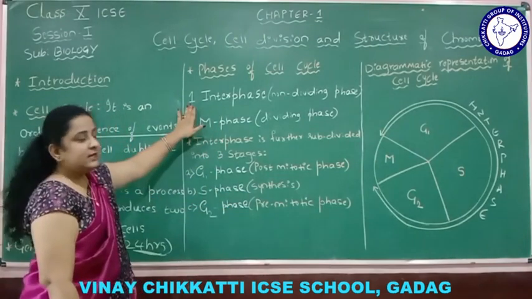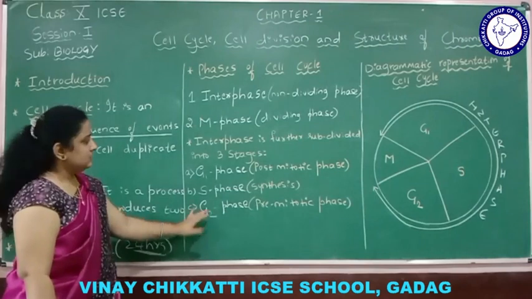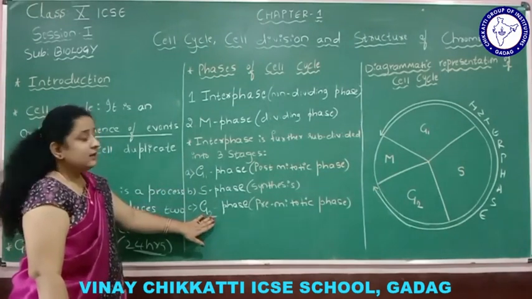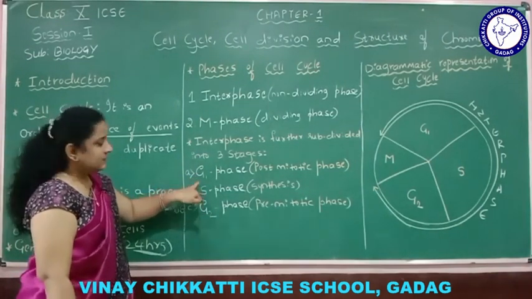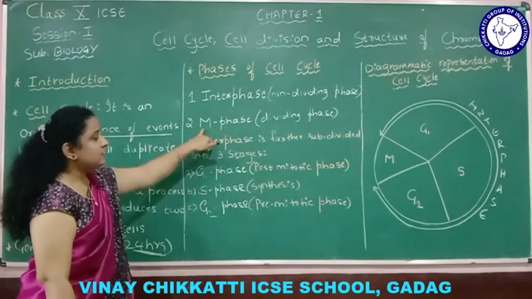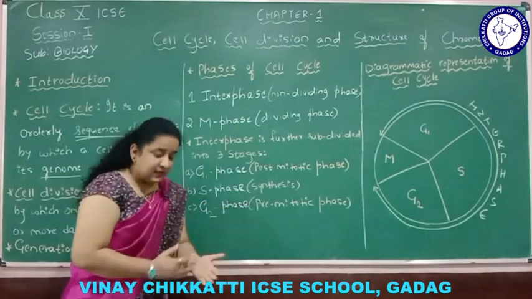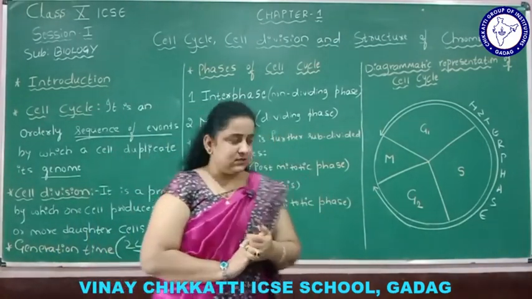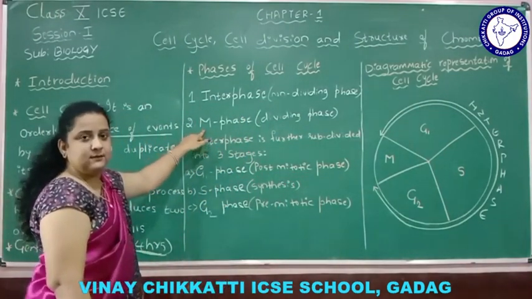So once again, interphase is divided into three sub-stages, G1, S and G2. The most important question will be asked from this topic: write the sequence of the cell cycle, that is G1, S, G2 and then comes the M phase. In these three phases, the cell is getting ready for division, and that is the next phase called M phase.